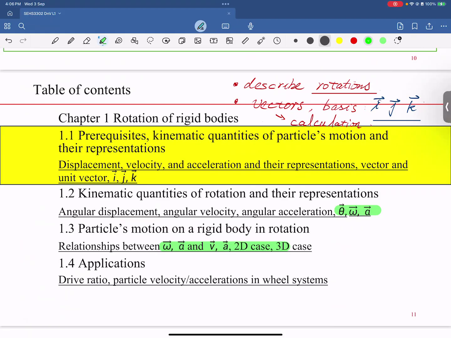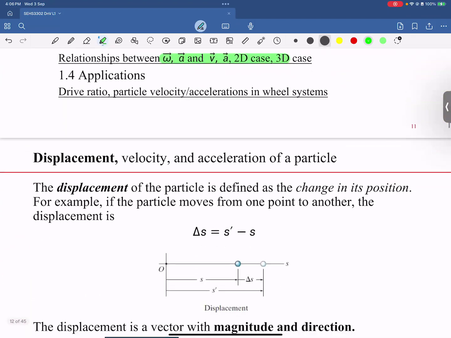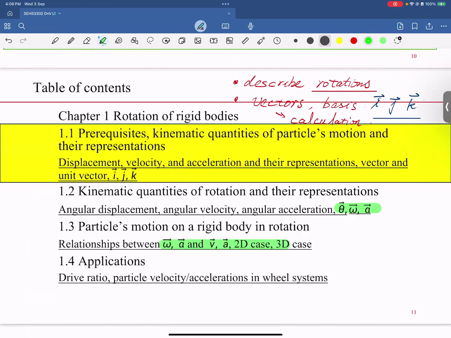At the very beginning, you will see something you're familiar with, because it is all about particles, about a specific point, and what its velocity, displacement and acceleration are.